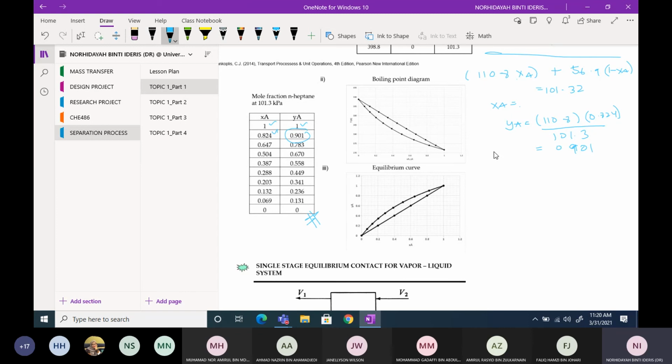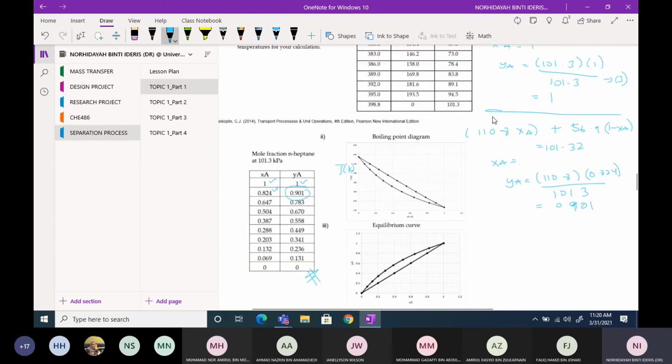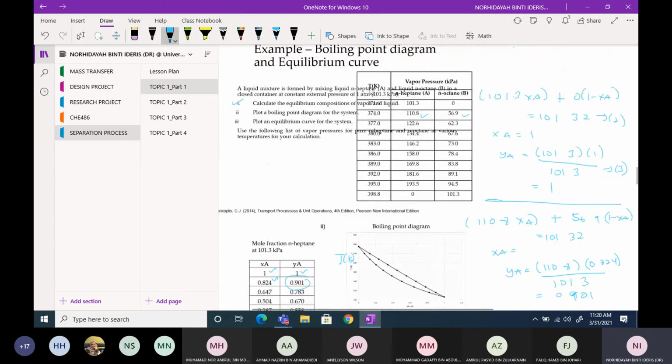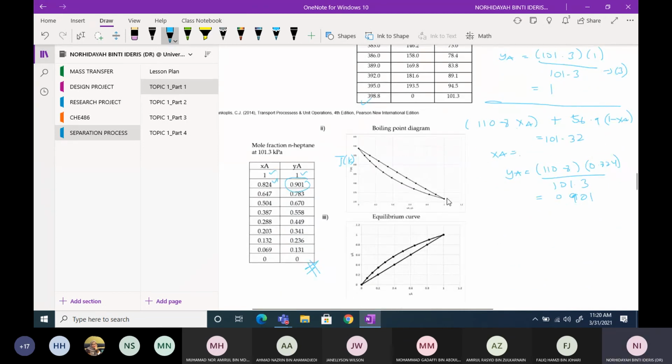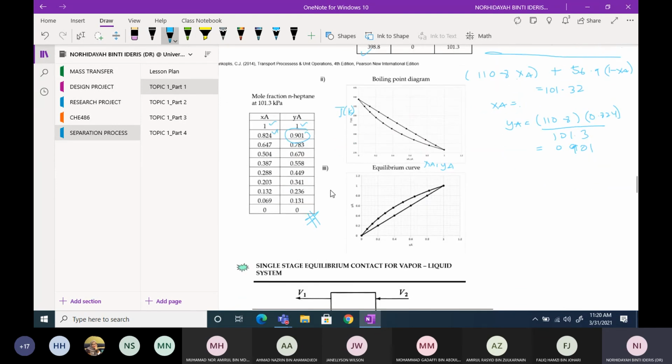This one is the temperature, in Kelvin, which you refer back to this first column here. And then the x-axis is the XA and YA. For the equilibrium curve, you need to plot the graph of YA versus XA.